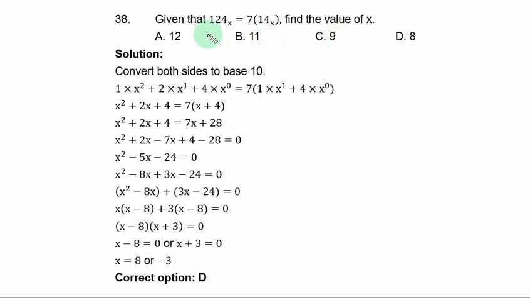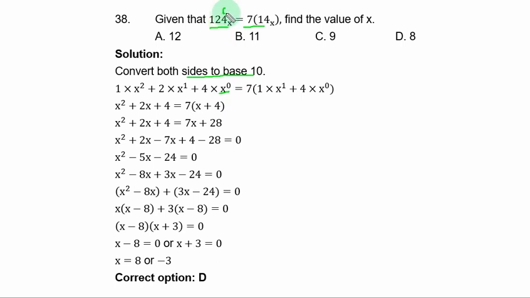Question 38. Given that 124 base S is equal to 7 times 14 base S, find the value of S. Solution: you need to convert both sides to base 10. To do that, you use the given base to multiply each digit, and you assign the position of the digit to the base. The position starts with 0 from right to left.